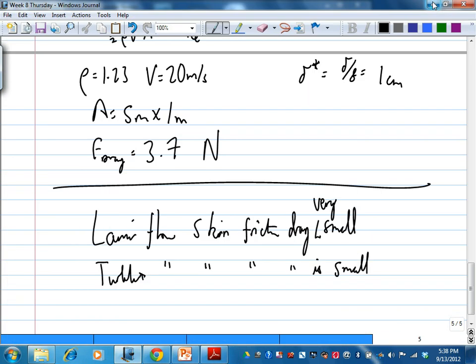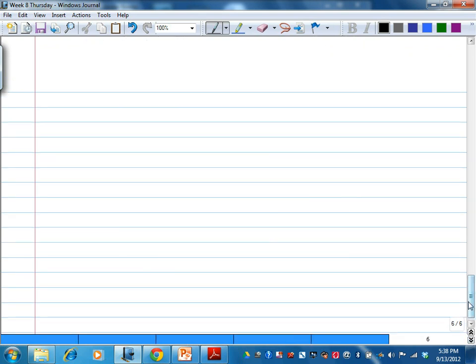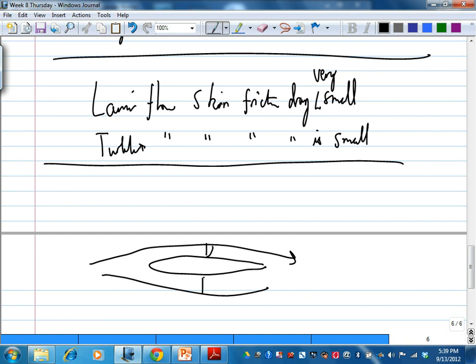So from here on let's talk about the streamlined shape. The flow just goes round. It has the boundary layer here and the boundary layer on the bottom side.